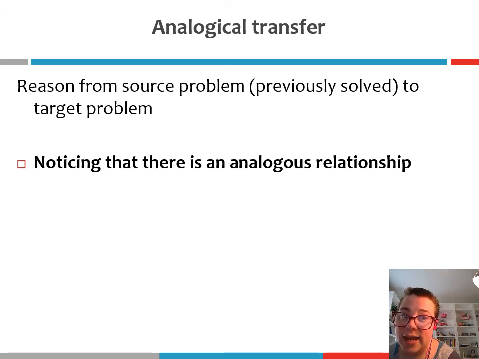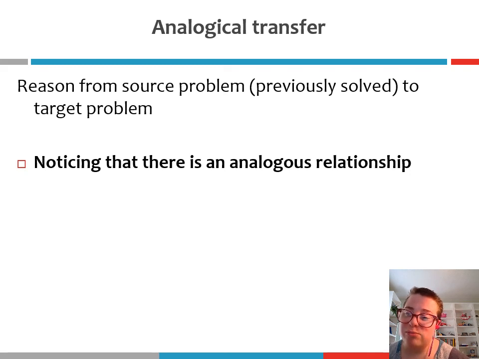So what analogical transfer requires you to do is reason from the previously solved problem, called the source problem, in this case the fortress problem, to a new unsolved problem called the target problem. Right?